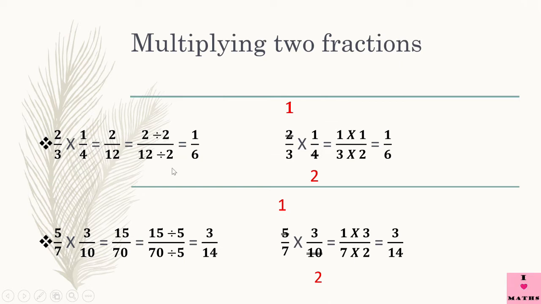So we can divide both the numerator and denominator by 2 and change the fraction into the simplest form, something which I was mentioning in the last slide. So 2 divided by 2 is equal to 1 and 12 divided by 2 is equal to 6. So 1 upon 6 is the product of these two fractions.